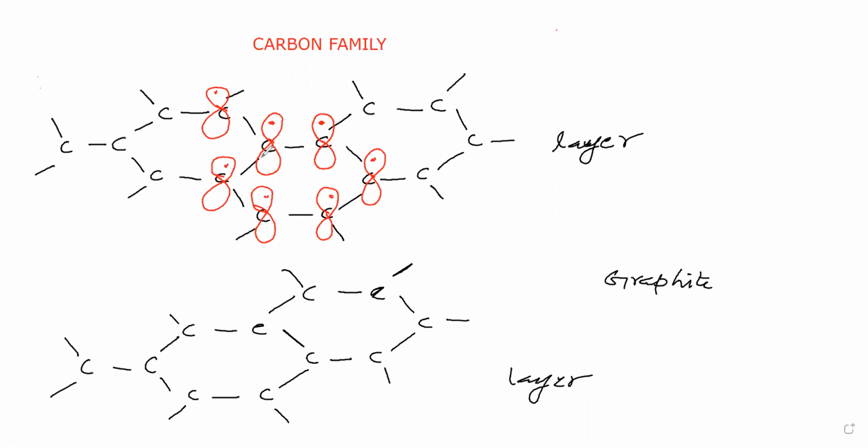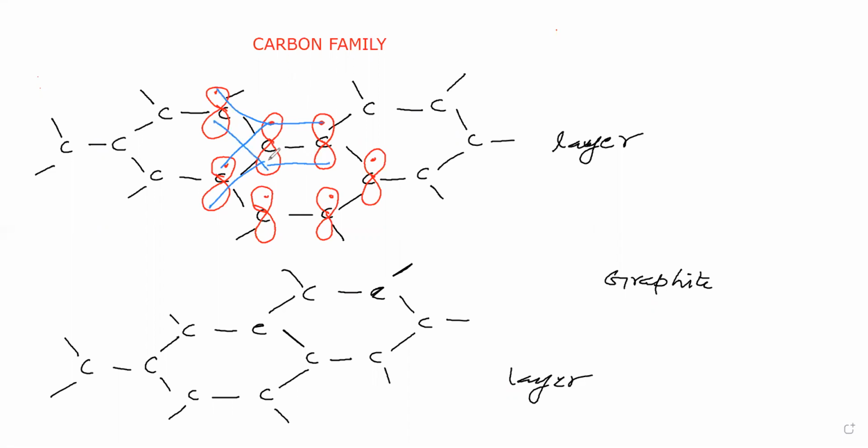So this p orbital is overlapping laterally with this neighboring p orbital. Simultaneously, it is overlapping laterally with the neighboring p orbital. Simultaneously, it is overlapping with the neighboring p orbital like this.